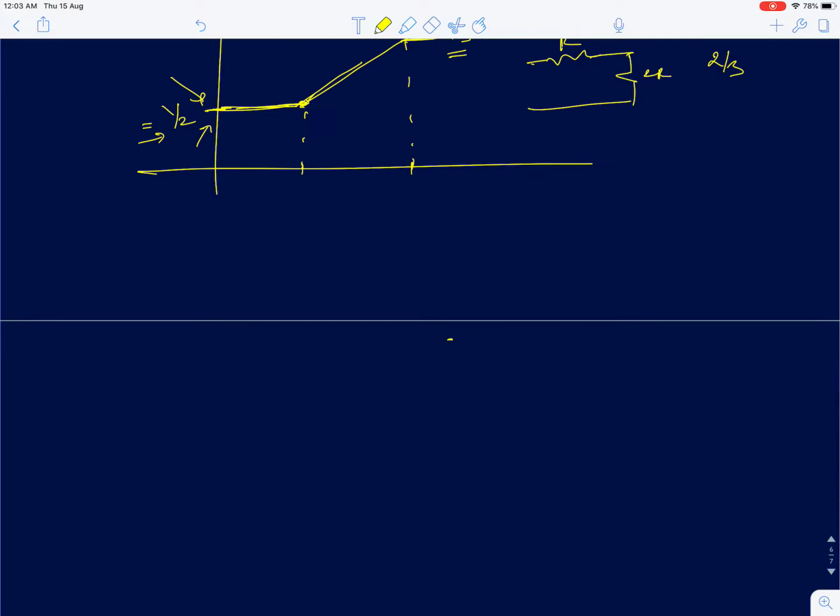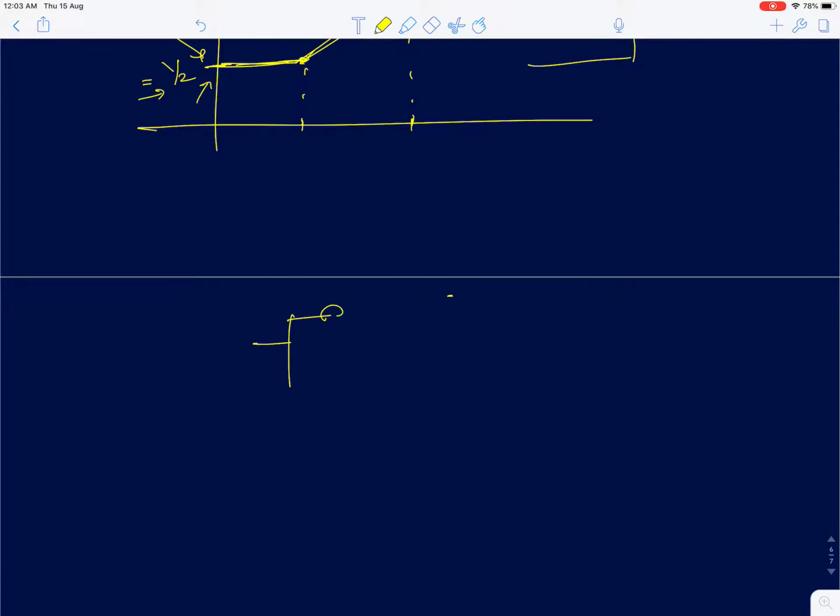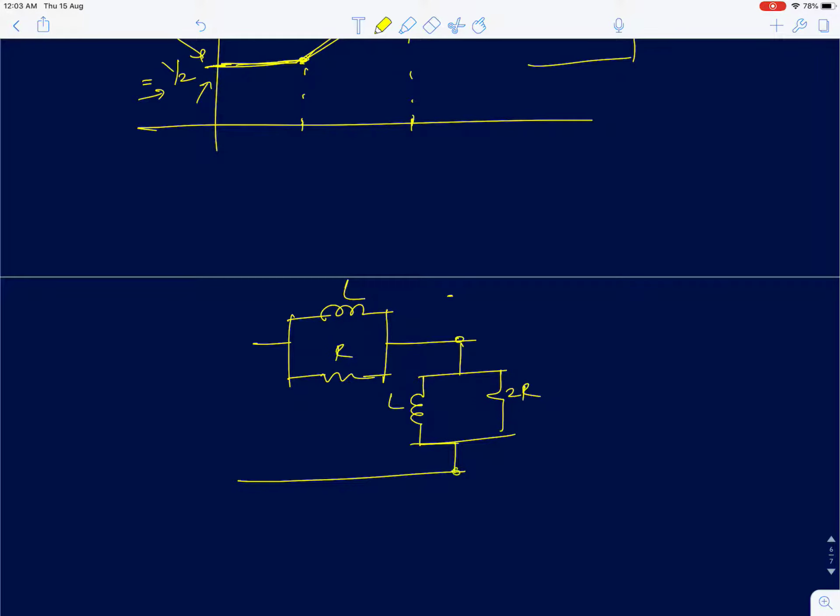But we can actually derive the poles and zeros as well. Now to find the poles and zeros of this transfer function, the DC gain we know is half. The only thing remaining is poles and zeros.